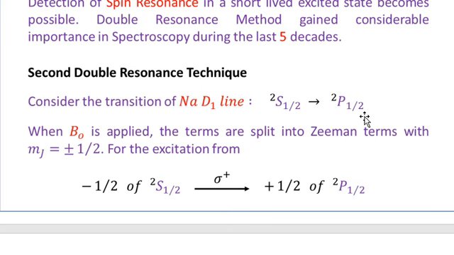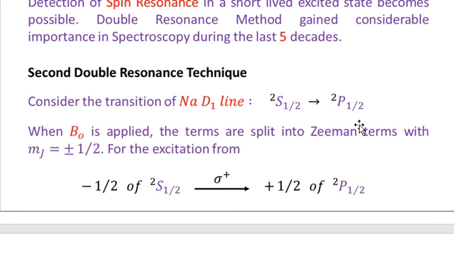But when you apply the magnetic field, these levels will split into Zeeman levels. So when B0 is applied, the terms are split into Zeeman terms with mj equal to plus or minus 1/2, because both the ground state S1/2 and the first excited state P1/2 have the value of j equal to 1/2.